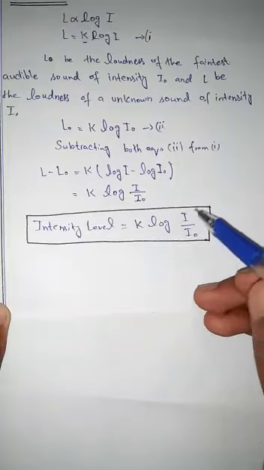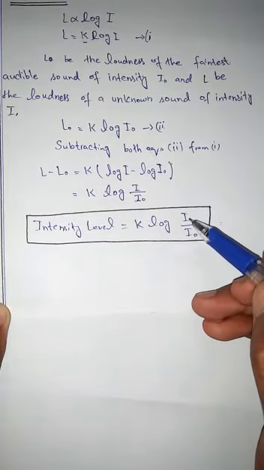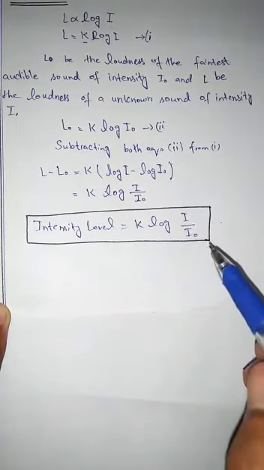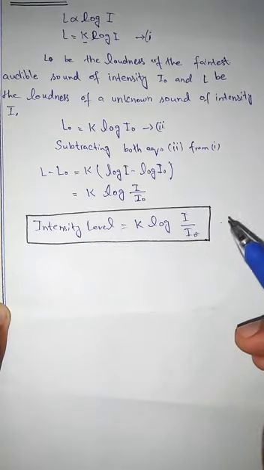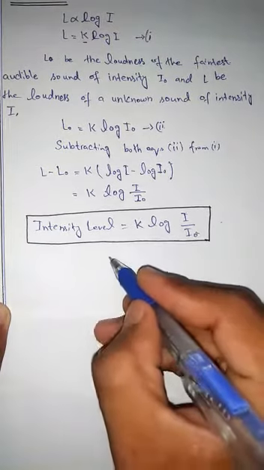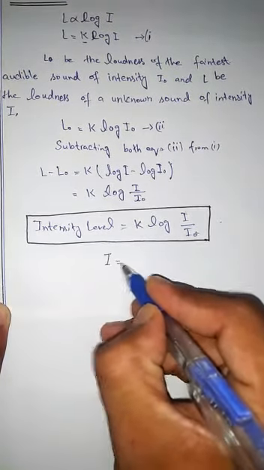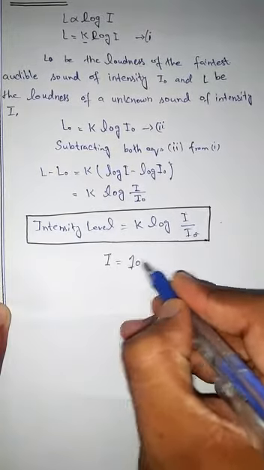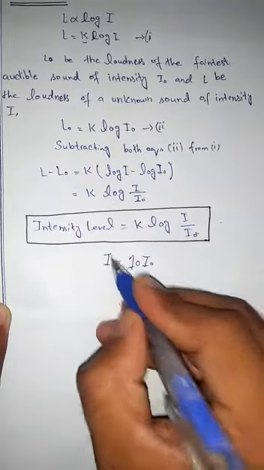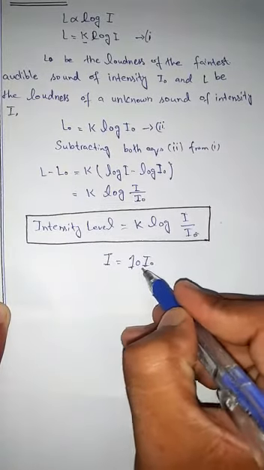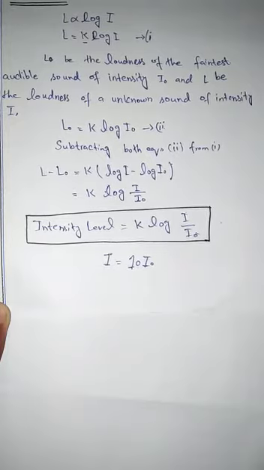If the intensity I of an unknown sound is 10 times the intensity I naught of the faintest audible sound, the intensity level of such a sound is taken as a unit called a bel.